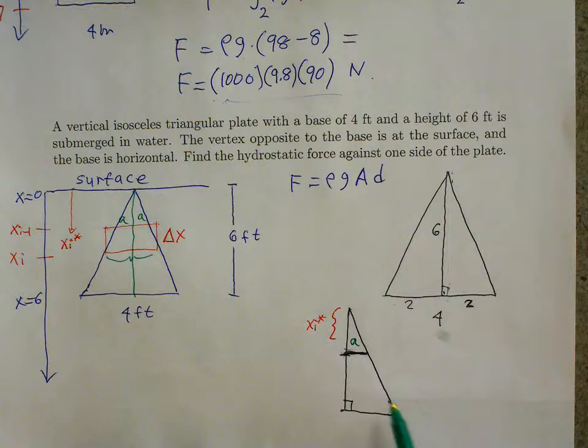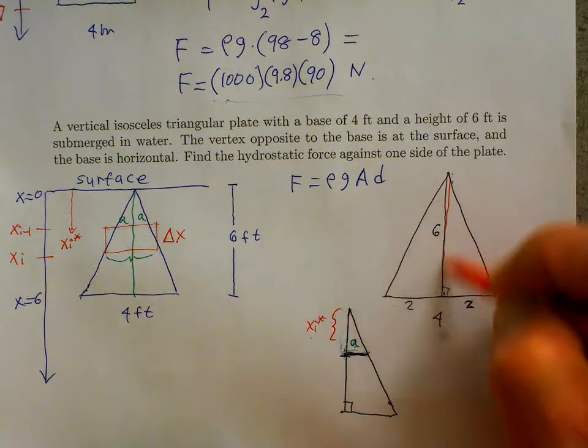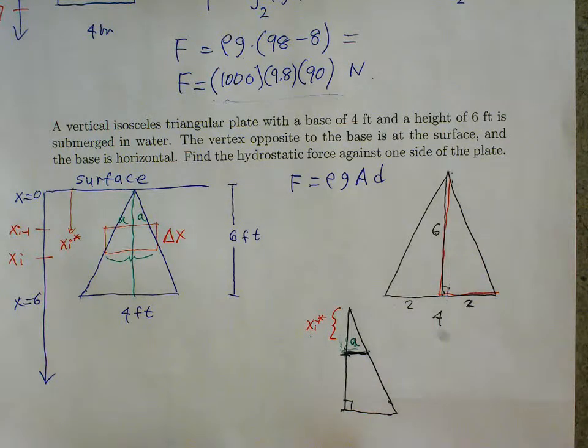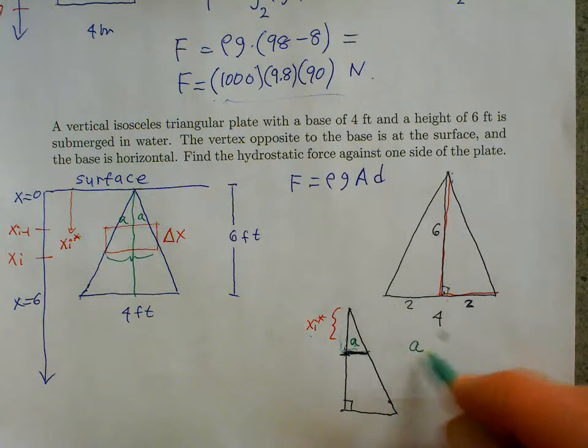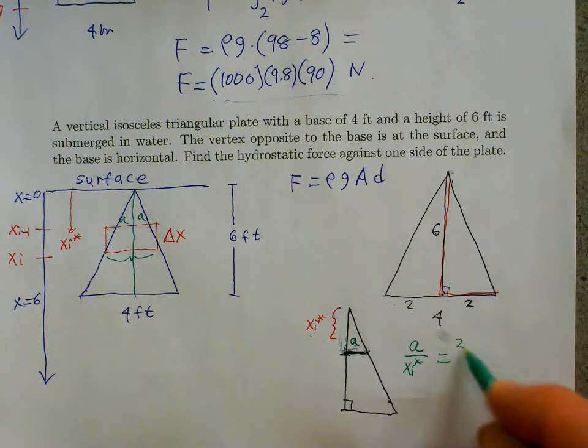Okay, so we'll use similar triangles. This triangle where the base is a and the height is x sub i star is similar to this triangle where the base is 2 and the height is 6. So I'll write this as a over x sub i star equals 2 over 6, which is 1/3.